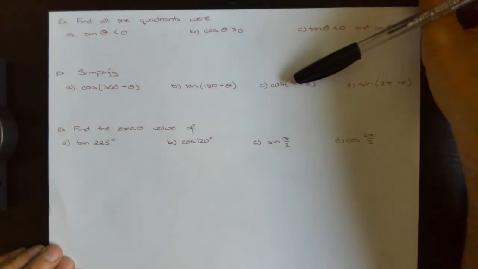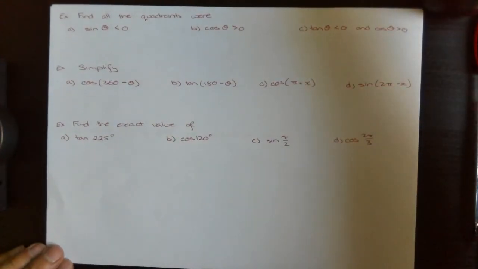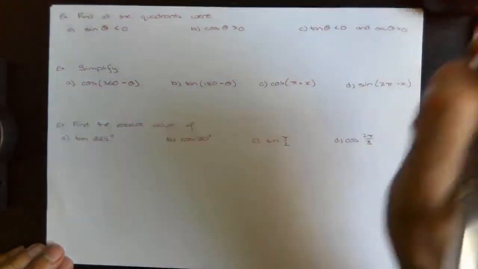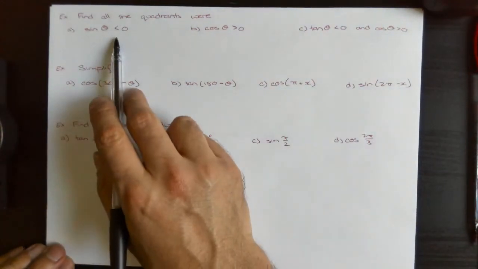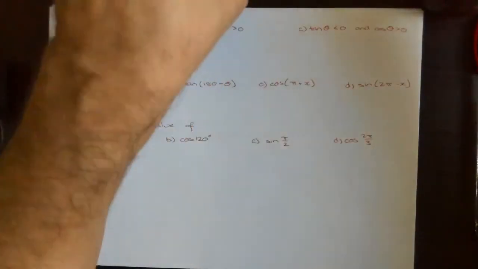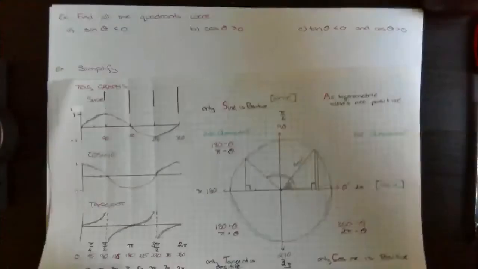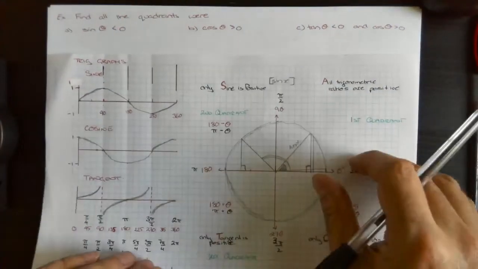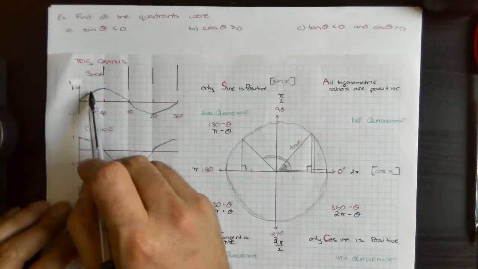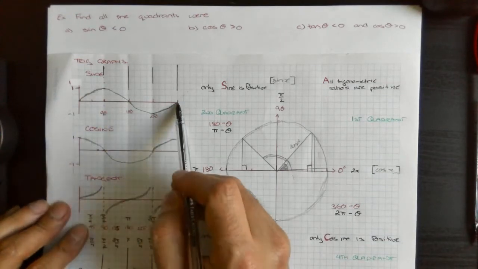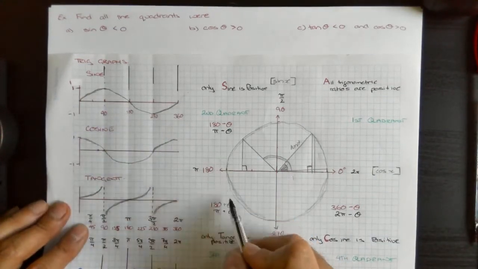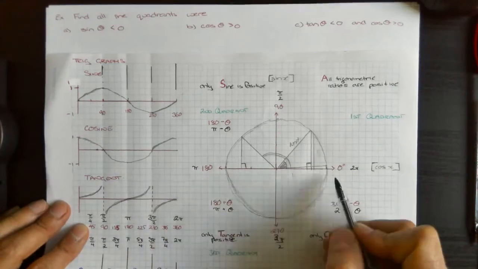Okay. Here's some examples. We want to find all the quadrants where sine theta is less than 0. So we want to see which quadrants is sine theta less than 0. So if this is our sine curve, where is it less than 0? What's going to be happening in the third and fourth quadrant.